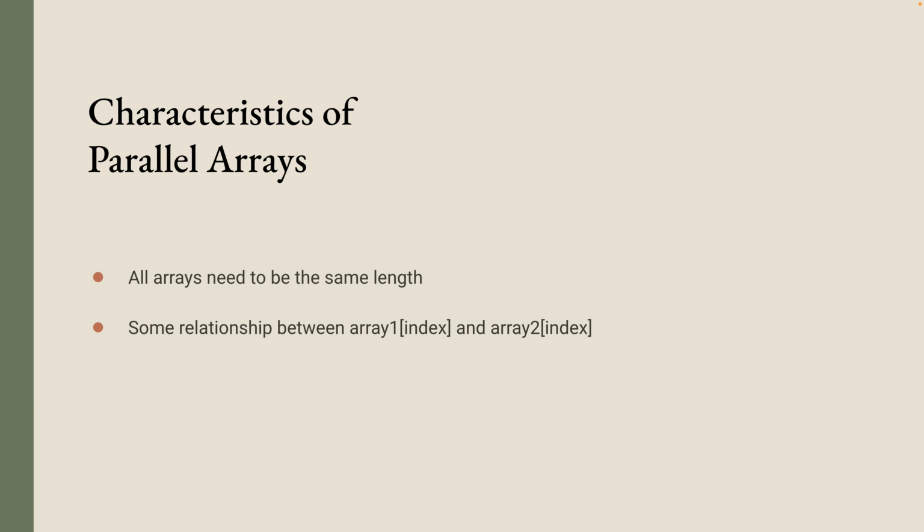The reason is that we're just going to use one for loop. If we said go from index equal to 0 up to index equals 2, when we try to get this array's index 2, there's going to be an error. So we need them to both be the same size, and there has to be some relationship.